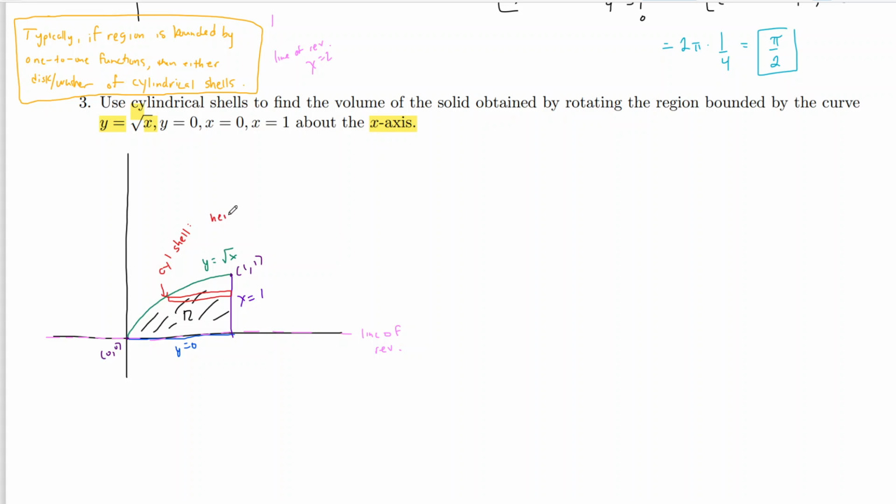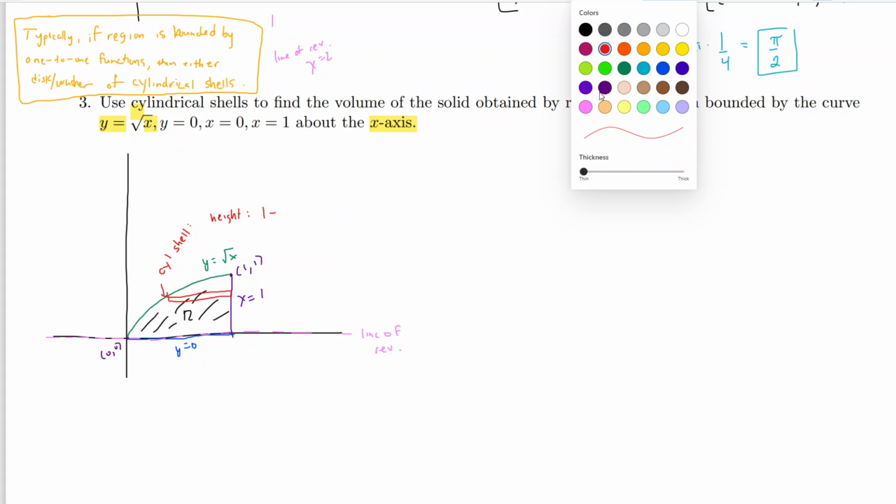Well, the height, since it's going from left to right, it's the bigger minus the smaller, the right minus the left. Height is x equals 1 minus, well, this is y equals the square root of x. But what's wrong with this is that because our shells are horizontal here, our bounds should be in terms of y. So everything needs to be in terms of y.